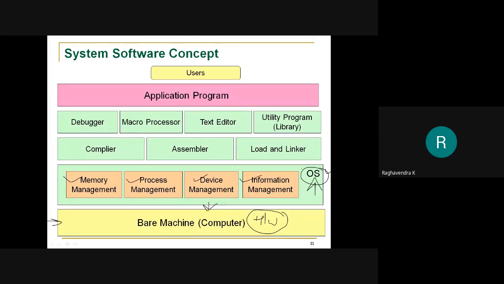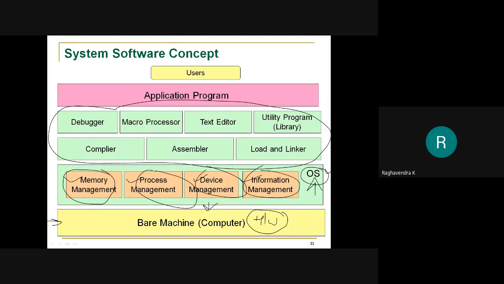But it actually uses system software in turn to achieve these tasks. So this is the job of the operating system. As I mentioned, as per the definition it can be considered system software, but it is much broader than what system software actually does.